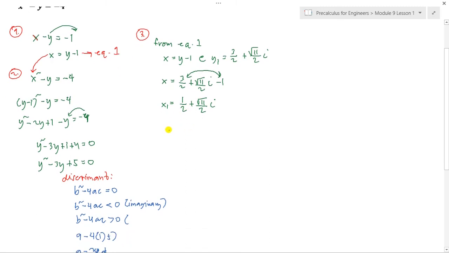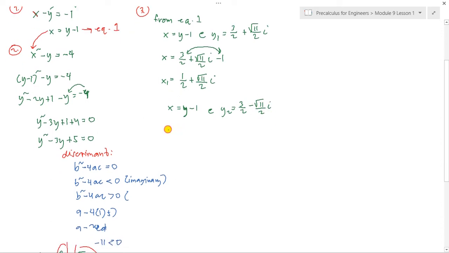So this would be our first value for our variable x. Now for the second one, again using the first equation, y sub 2 is equal to 3 halves, but this time minus square root of 11 over 2i. Substituting, we have x is equal to 3 halves minus square root of 11 over 2i minus 1.